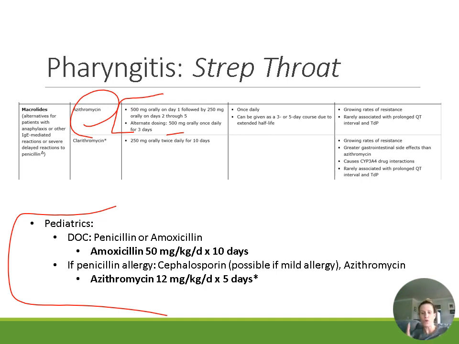For example, for otitis media and pneumonia, there's an indication to give 10 milligrams per kilogram on the first day and then 5 milligrams per kilogram for 4 days after. However, when we're treating pharyngitis or sinusitis in kids, the recommendation is 12 milligrams per kilogram per day times 5 days.